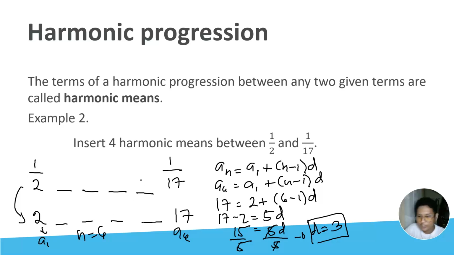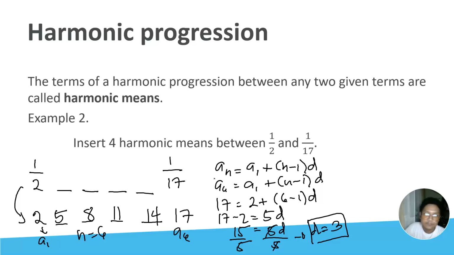So kung yan yung common difference, i-apply natin ngayon itong common difference na to dito sa arithmetic progression natin. So i-add lang natin yung 3. 2 plus 3 is 5, plus 3 is 8, plus 3 is 11, plus 3, 14. Or kung medyo complicated yung common difference natin naka-fraction, yun ulit, i-add mo.